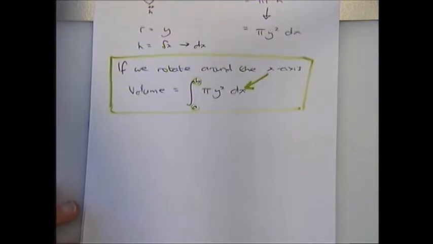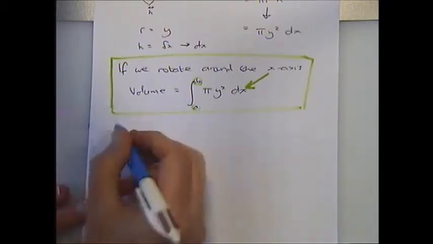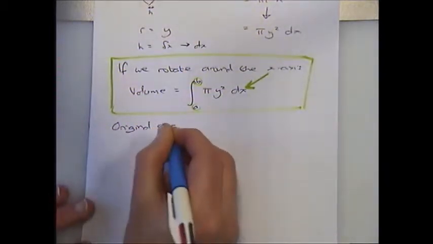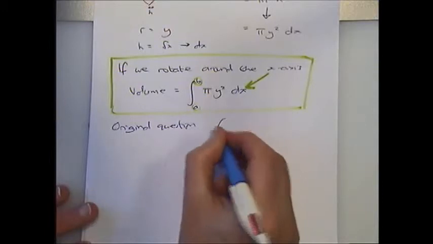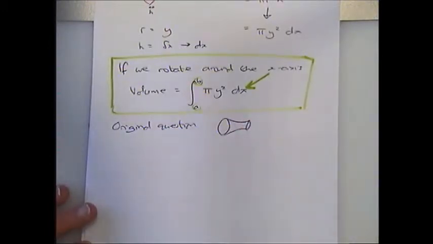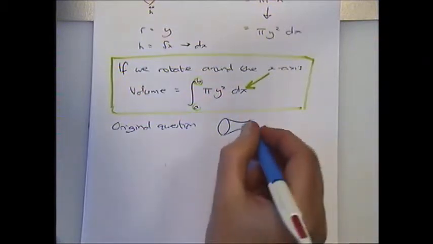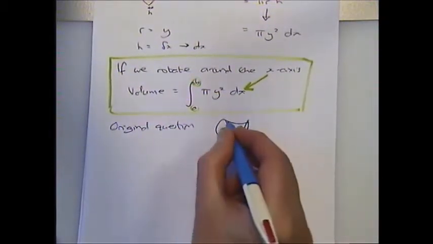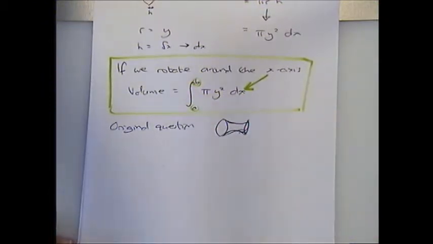So, for the shape that we were going to get for our original question that we were dealing with, going back to our original question, where we had this shape that looked something like that. That's terrible, supposed to be equal heights either end. Appalling drawing. Okay, I'm just making it worse and worse, I think, trying to correct it.